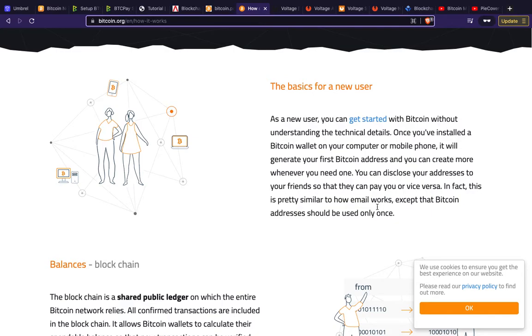So what does that mean? When you create an email address, you can create as many emails as you want, depending on how many the company allows you. But with Bitcoin, you can create an infinite amount of addresses.